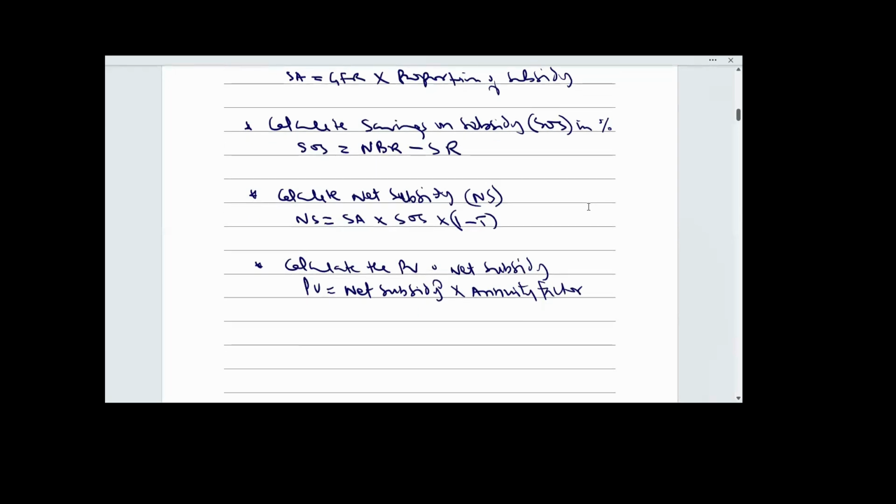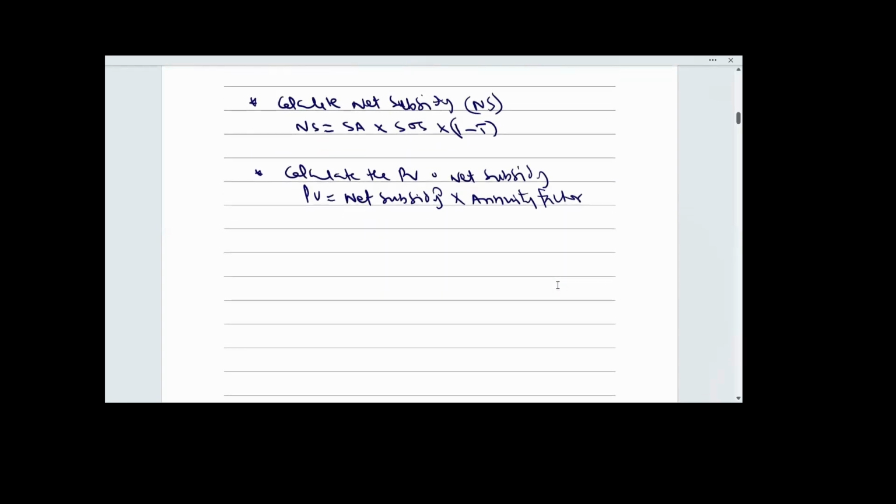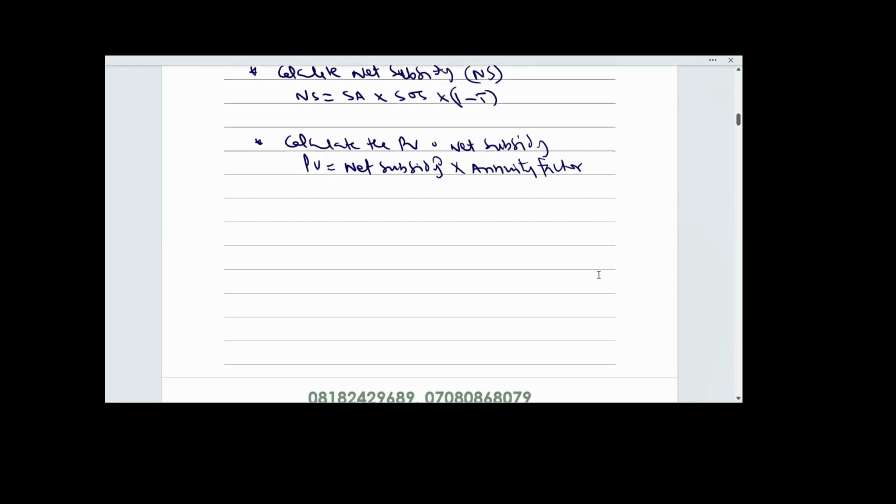Remember what I said, in your step 1, you need to decide whether you want to use borrowing rates or risk-free rate of return to discount the cash flow arising from financing. So all this present value you are calculating, you are using either the borrowing rate or risk-free rate of return. And I've told you, you should always use the borrowing rates because borrowing rates will always be higher than the risk-free rate of return.